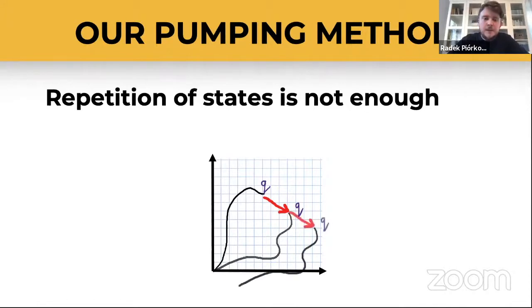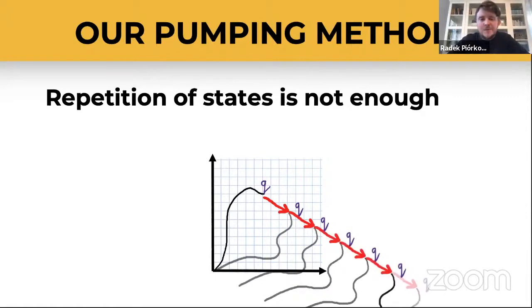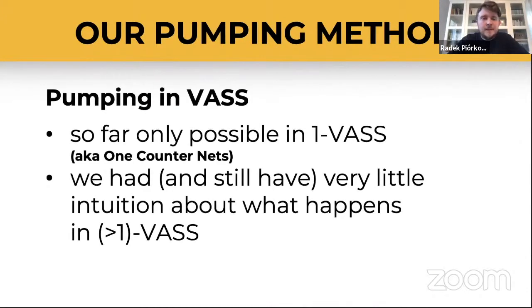If we repeat this a second time, we already broke the run, and it gets worse and worse as we progress. So we need something more. Generally in vases, pumping was not considered before. It was only possible in one-dimensional vases, which are also known as one-counter nets.